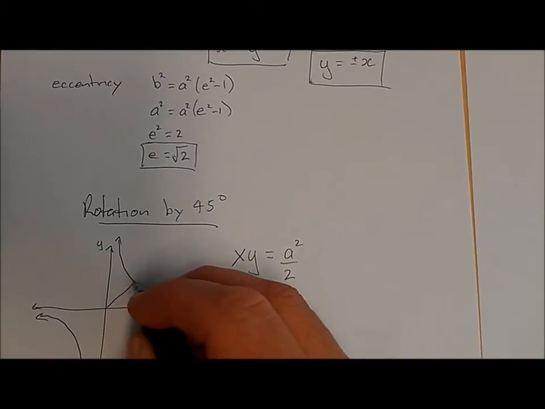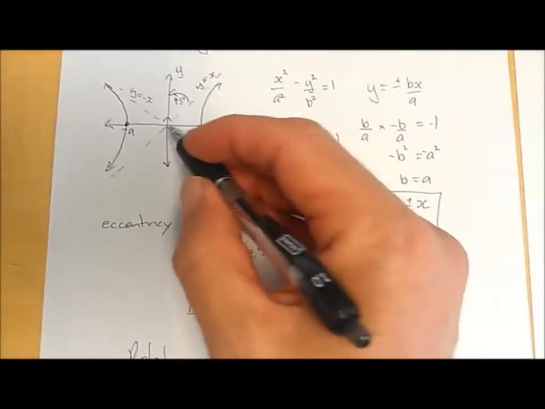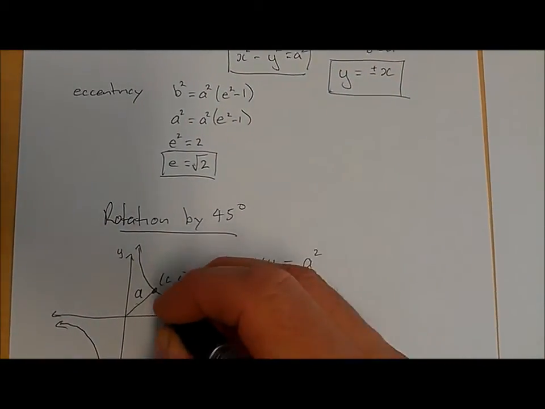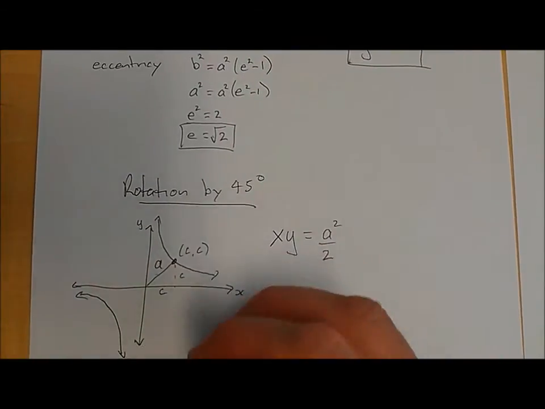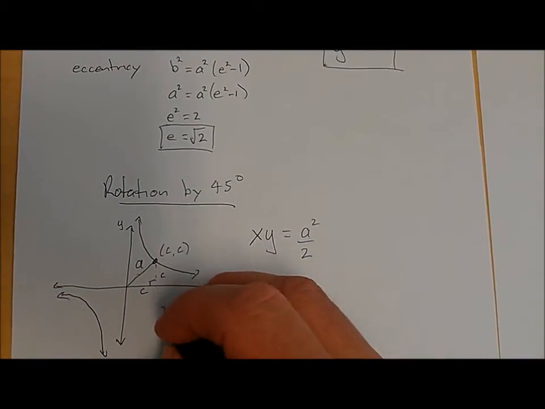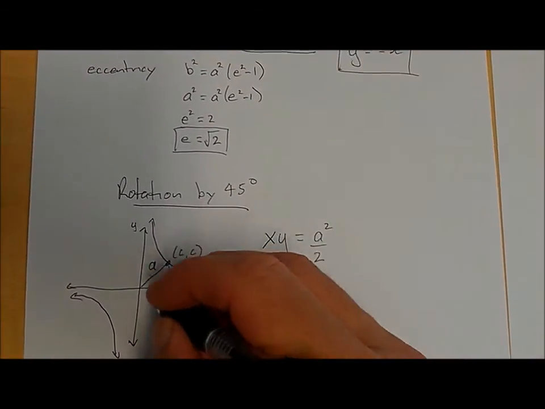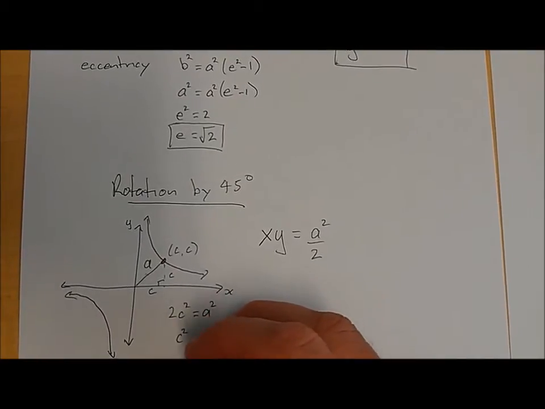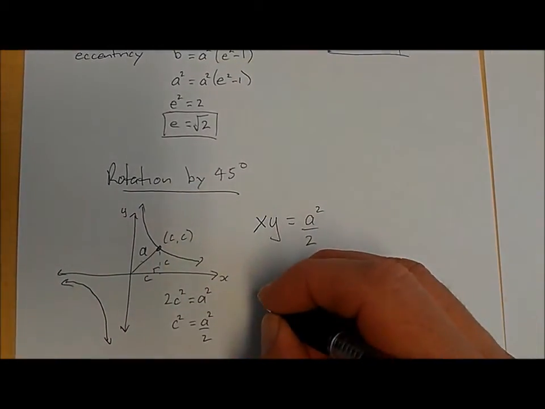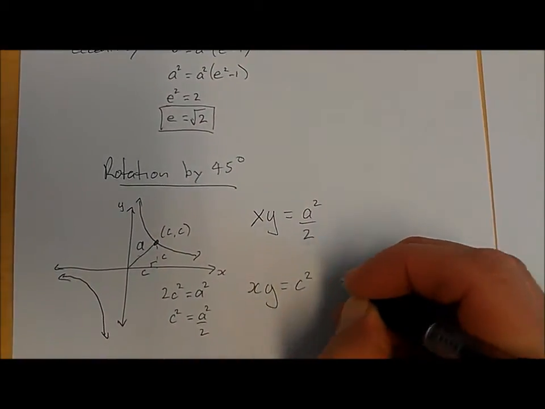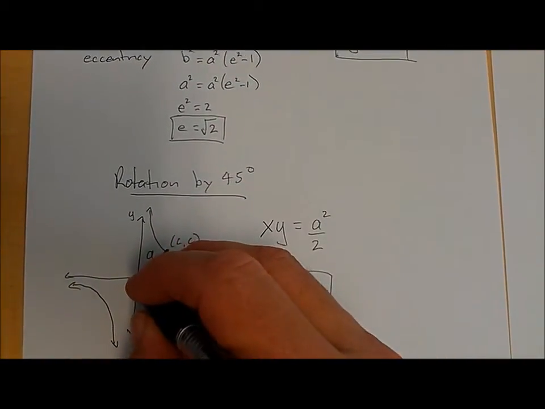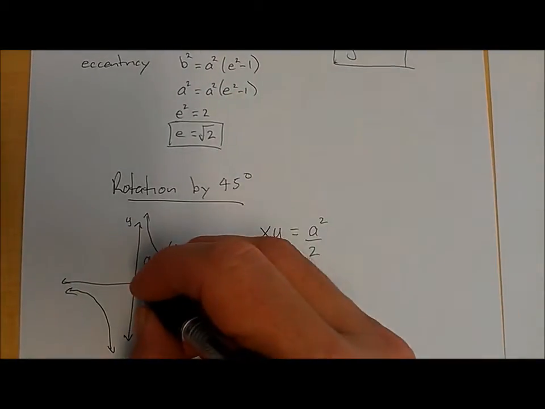Further, we said that this distance a, which is this distance up here rotated, we called this point C and C, so we formed this right angled triangle in here, and we could see that 2c squared was equal to a squared by Pythagoras' theorem. In other words, c squared equals a squared on 2. So that lets me rewrite the equation of my hyperbola in this form as xy equals c squared, where that point C lies on the line at 45 degrees, the line y equals x.